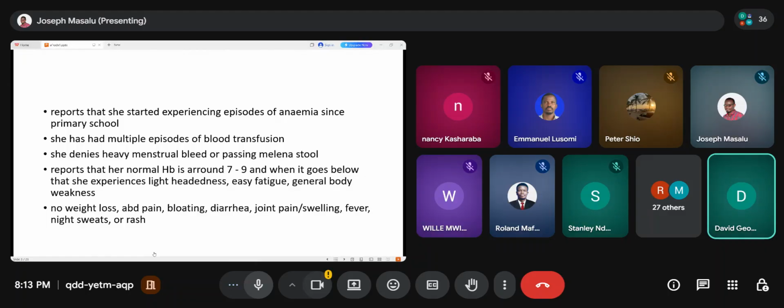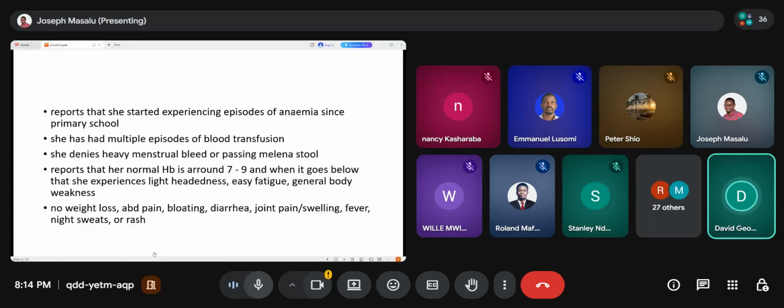So I'll just wait and see the current CBC. I think it will give me some information, but I would be interested to know if the other cell lines are involved. If this patient is having recurrent fevers, that could be pointing us in the direction of leukopenia, also any bleeding tendencies, which of course we've been told are not there, like melena, heavy menstrual bleed, in the direction of platelet abnormalities, whether quantitative or qualitative.